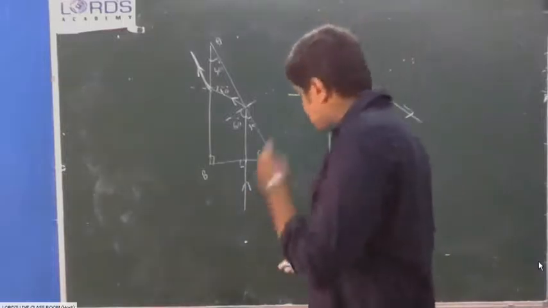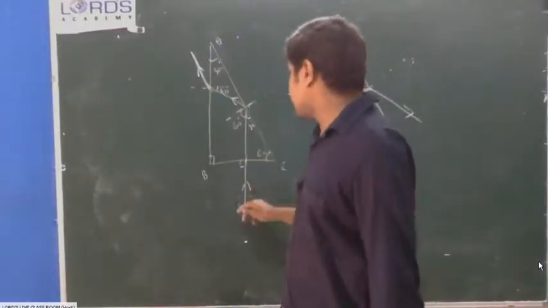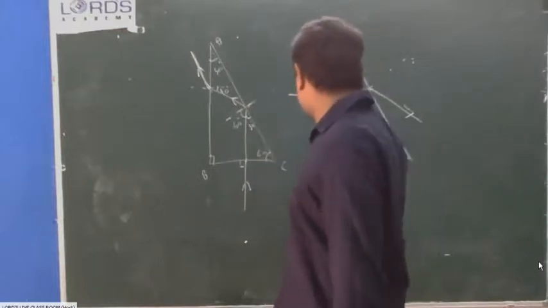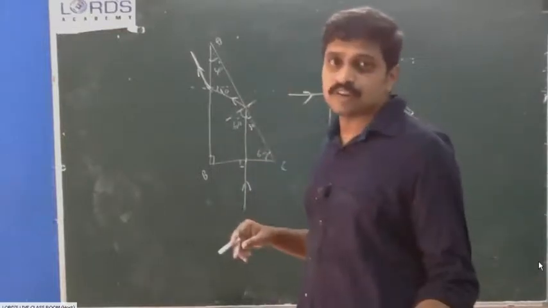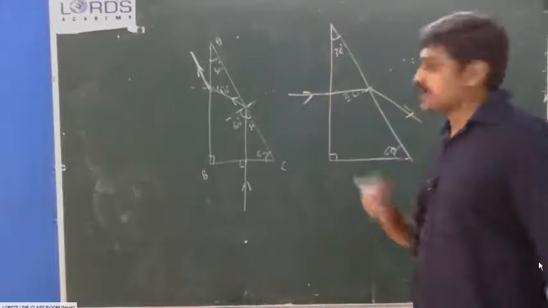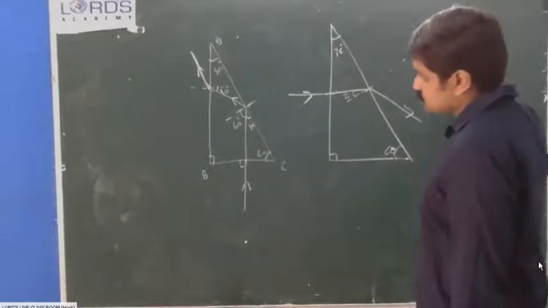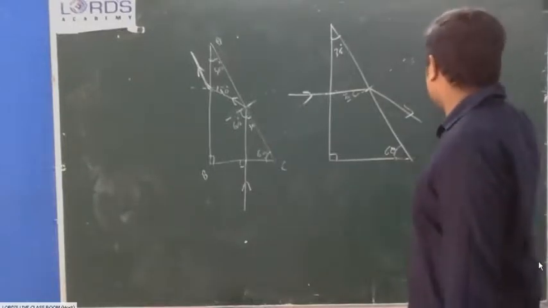As we started through a side opposite to 30 degree, and the next one opposite to 60 degree, what will be the next one? Through a side opposite to 90 degree. Next diagram.